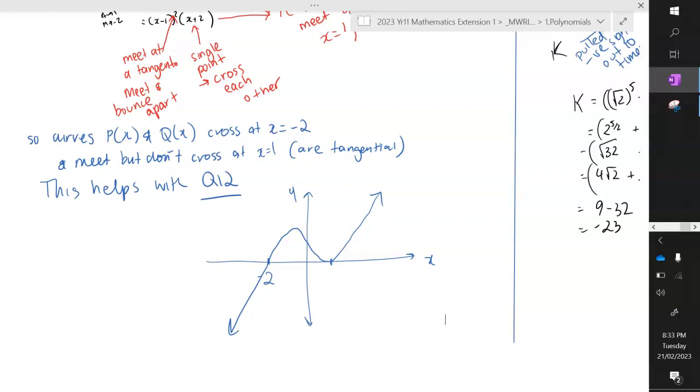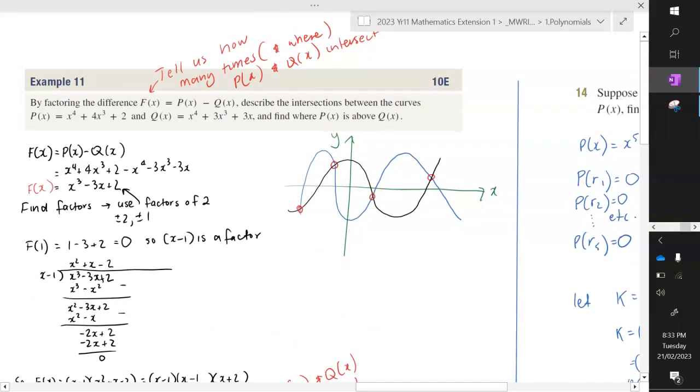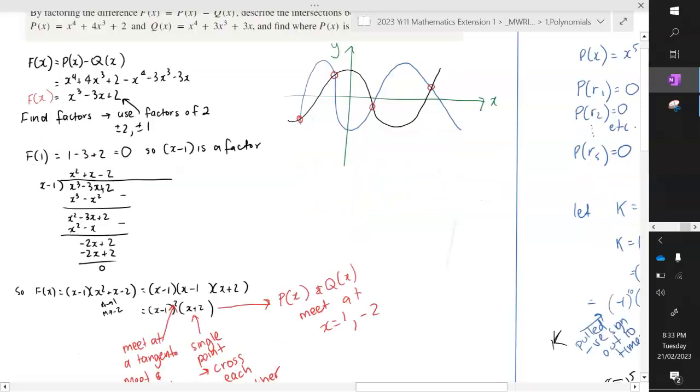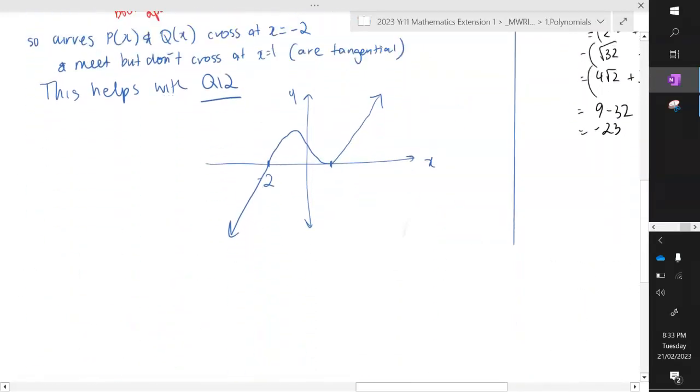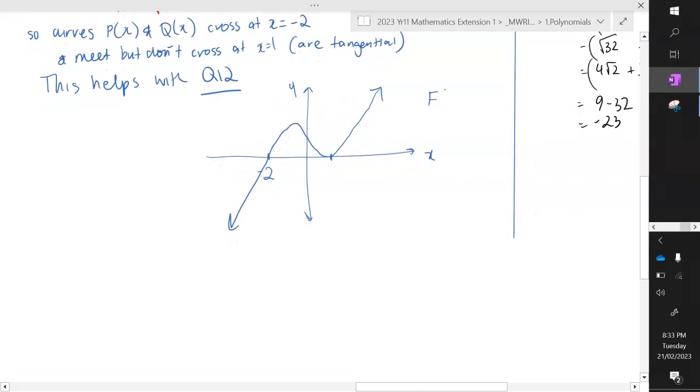What that would mean is, because we've subtracted our curves to find f of x, if P of x is above or greater than Q of x, we want to have a positive value. So P of x is going to be bigger than Q of x where f of x is positive. So where is f of x positive?